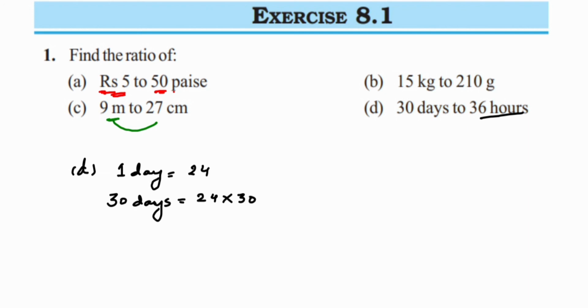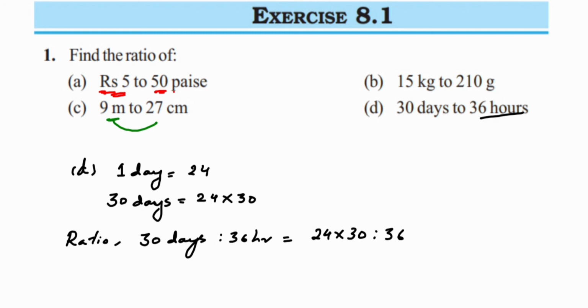So the ratio of 30 days to 36 hours will be 24 into 30 is to 36.